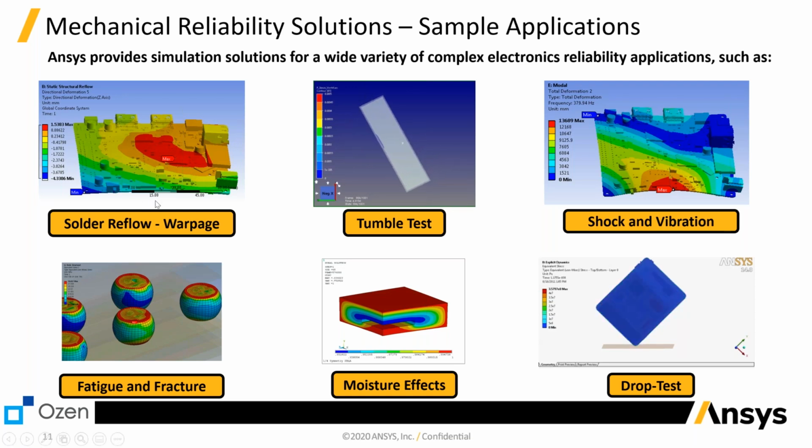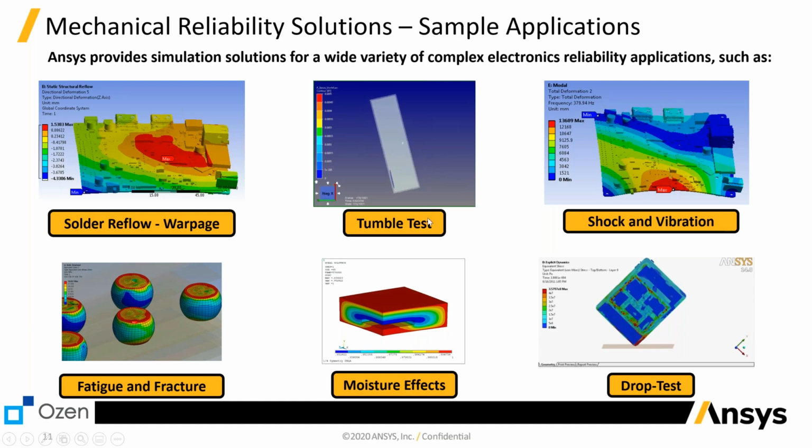This is where we use advanced capabilities such as element birth and death features, so that we can take into account the process itself as to how all these components on the PCB are put on it, and we can track it step by step. And at the end, as these components are being soldered or being replaced mechanically or through soldering, we can actually predict the warpage on this PCB.